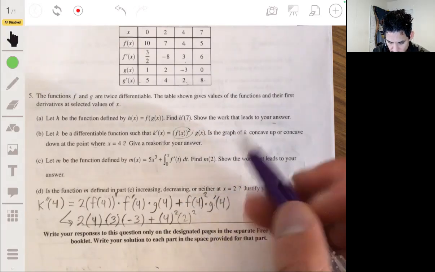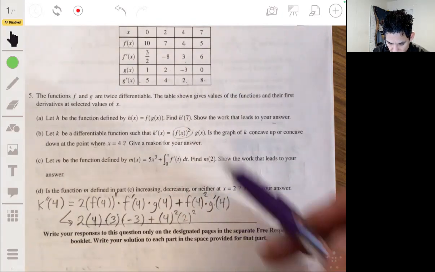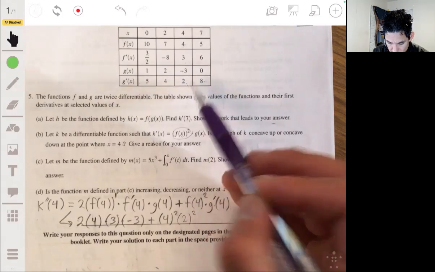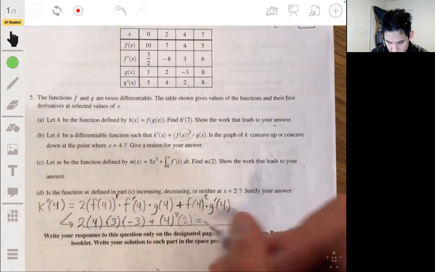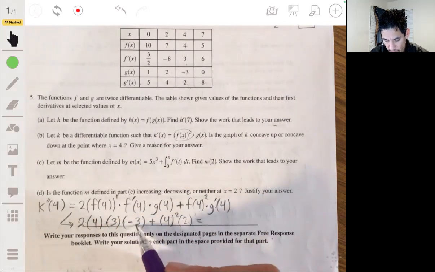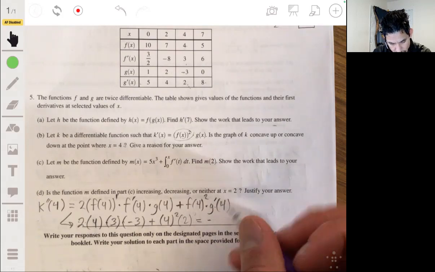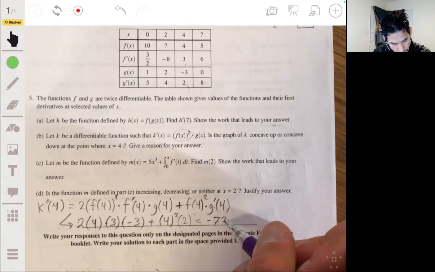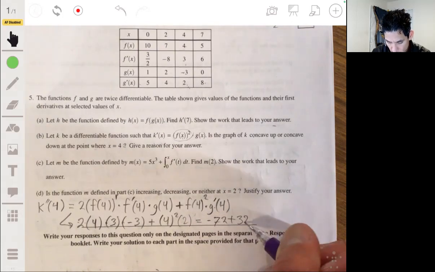Let me double check that I didn't screw up. So it's just times 2, yeah. Let me just multiply this out. 8, 24, negative 72, plus 16 times 2, so plus 32.